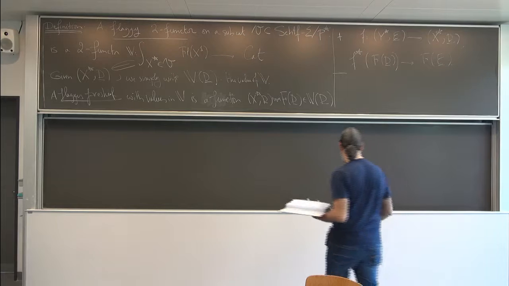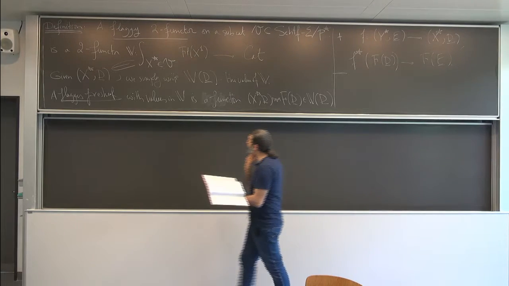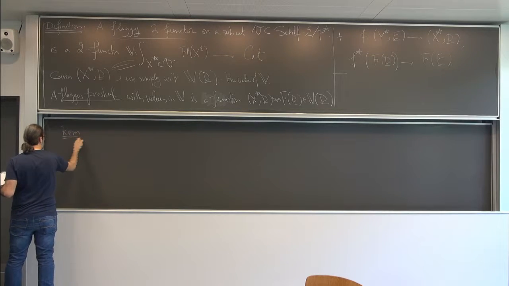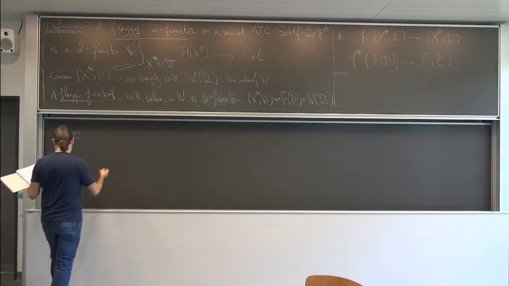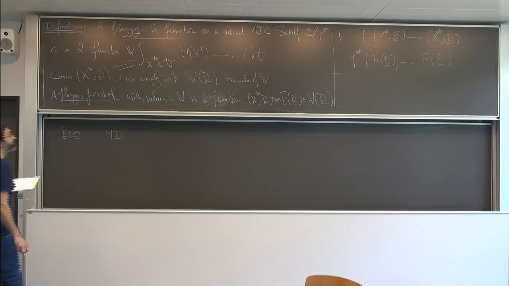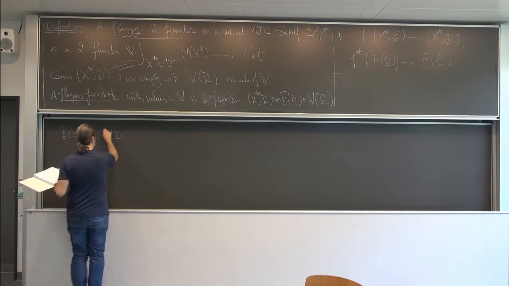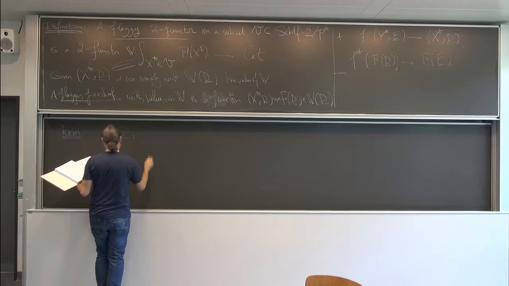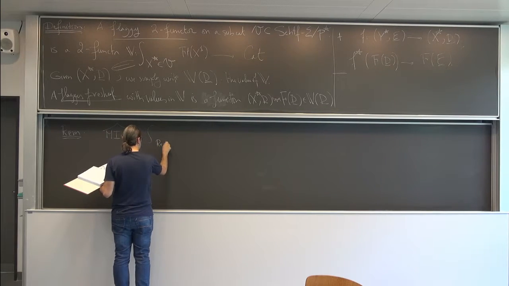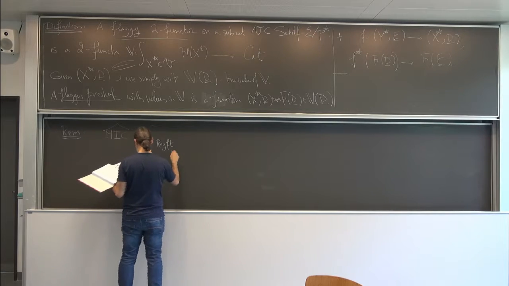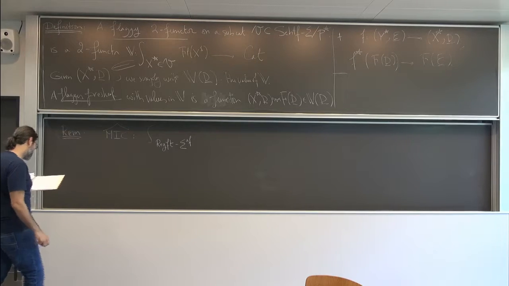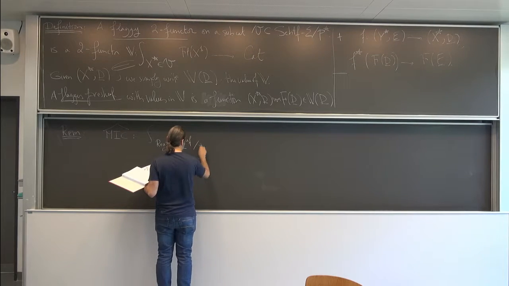Okay, so let me give you some examples that would be relevant. Here's a remark. We have already seen an example of a flaggy two-functor, which is denoted by M with a hat, and it goes from finite type schemes endowed with an affine stratification over P star.